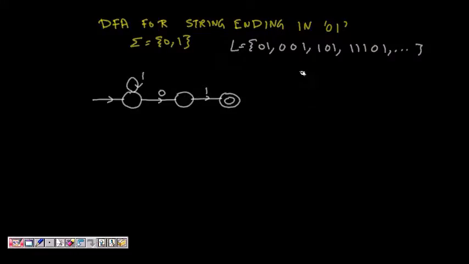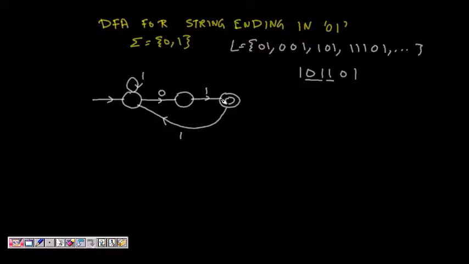Now take something like 1 0 1 1: I have 1, then 0, now 1, so you get the pattern 0 1, but again I get a 1. It means I'm not ending here, and I have to go again and get a 0 and then a 1, only then I can complete. So on 1 from the final state I go back to the start state.